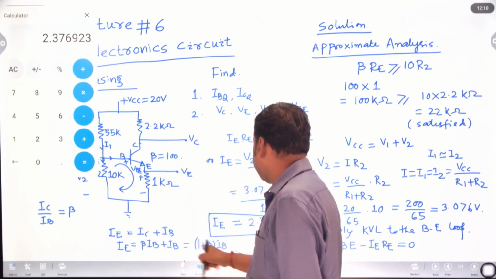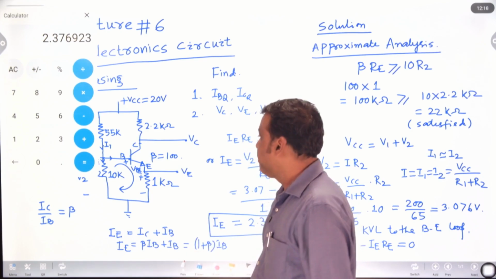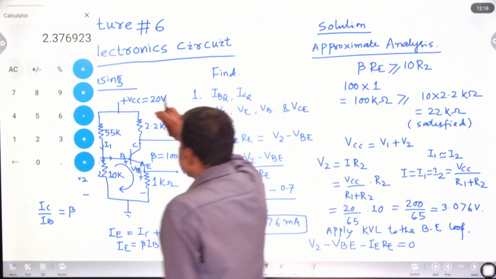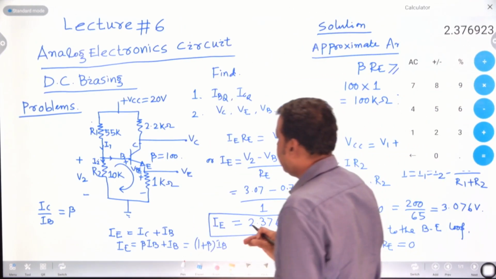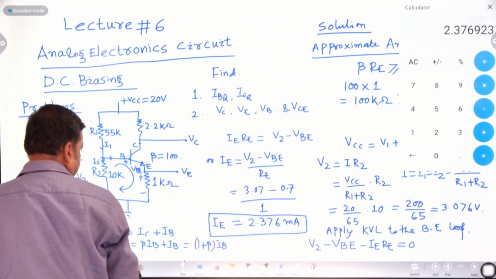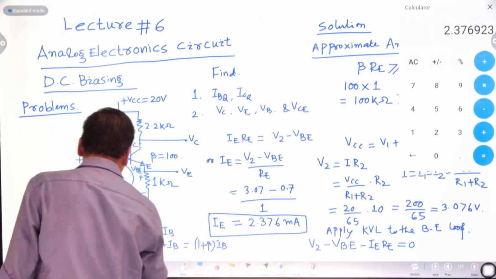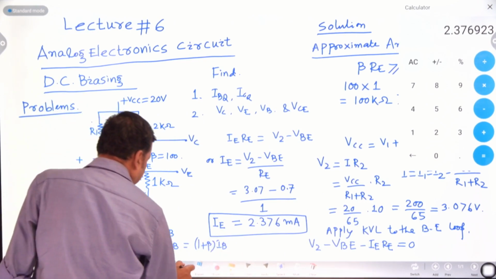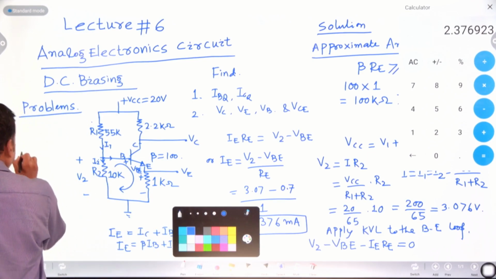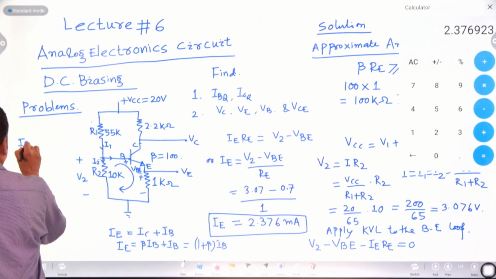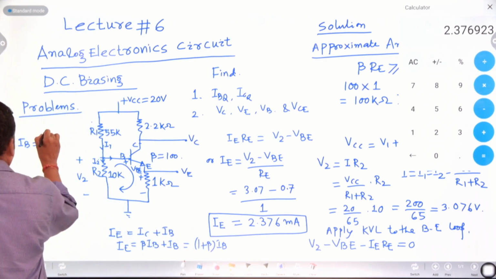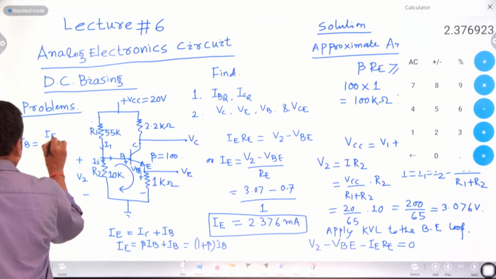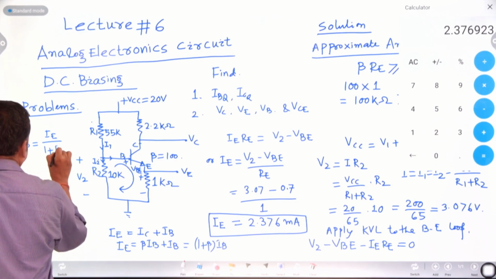Beta value is given 100. You can find out IB from this expression. So IB is nothing but IE divided by 1 plus beta.